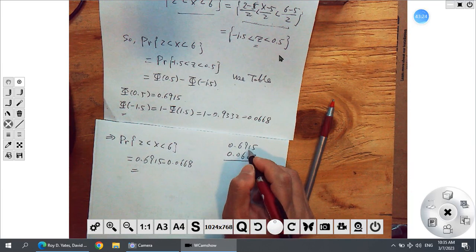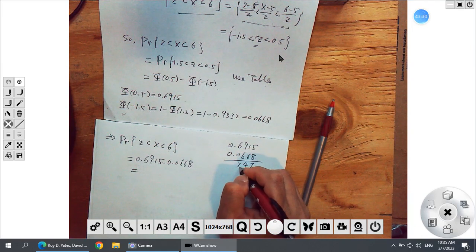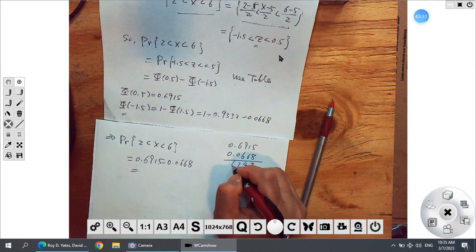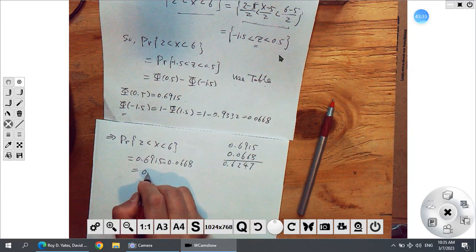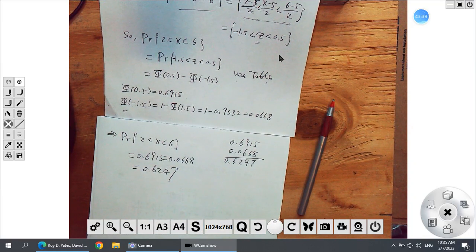Then 10 minus 6 is 4. 9, remove 1 is 8. 8 minus 6, I get 2. And 6 just goes down. So this is 0.6247. So we have the probability.